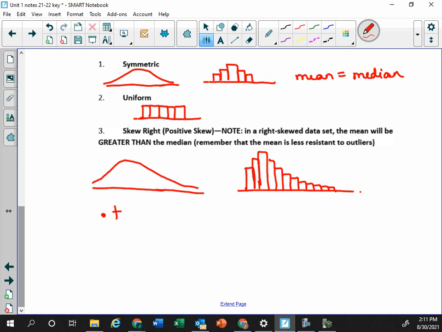The tail to the right, like goes to the right. So it's sort of clustered together on the left. That's where you have a bunch of data values, and then they're getting further and further spread out as you go to the right.